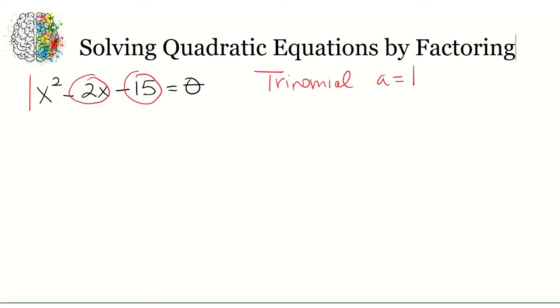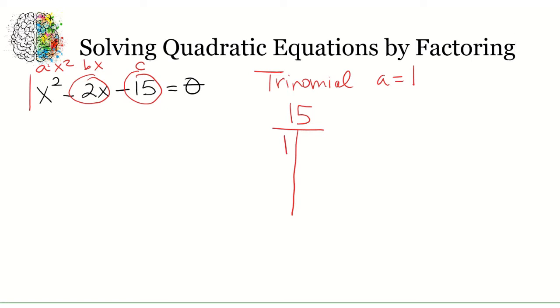So the way that we break that down is we take our 15, which is our c, because this is our ax squared, our bx, and our c. So you're going to take your c and factor it and write down all of the numbers that when you multiply them together are going to give you 15, and then you're going to look to see which pair is going to give me a negative 2.